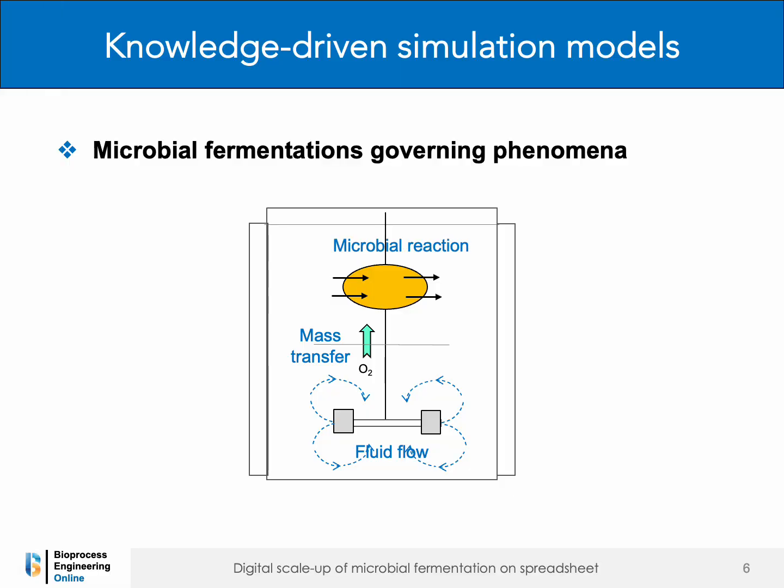For digital scale-up and optimization, bioprocess engineering relies on knowledge-driven simulation models, grounded in the fundamental understanding of physicochemical and biological phenomena. These models capture the key mechanisms governing microbial fermentations, including cellular reactions, fluid flow dynamics, and oxygen mass transfer.